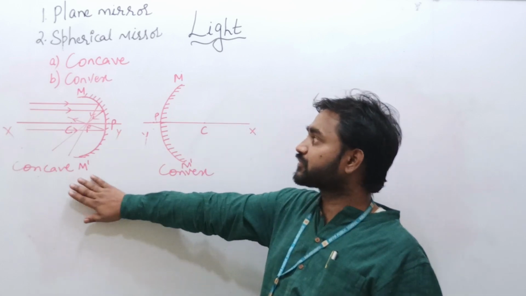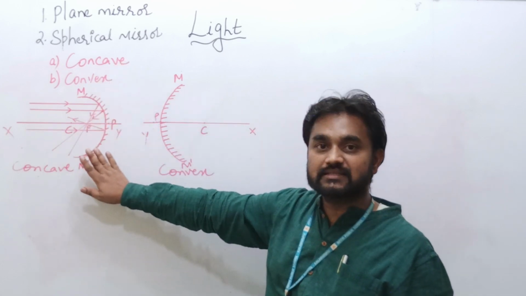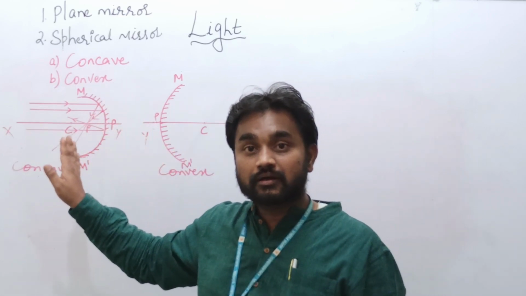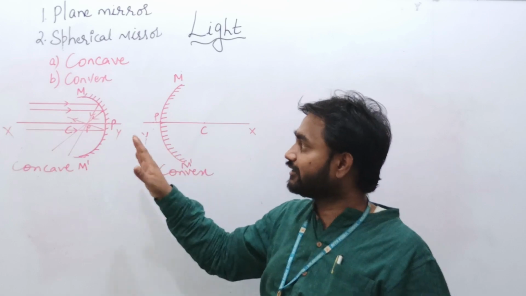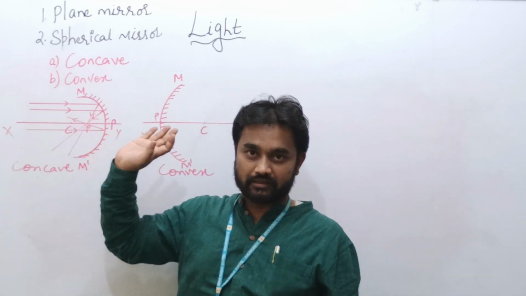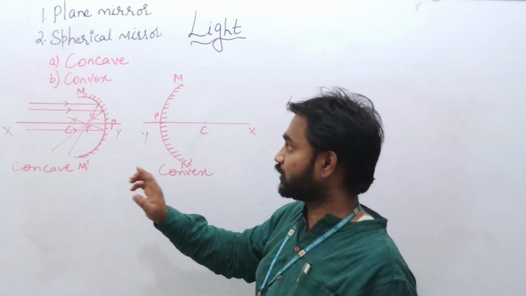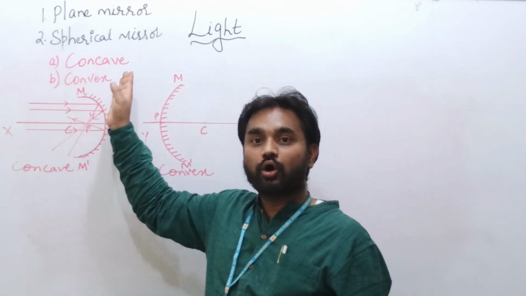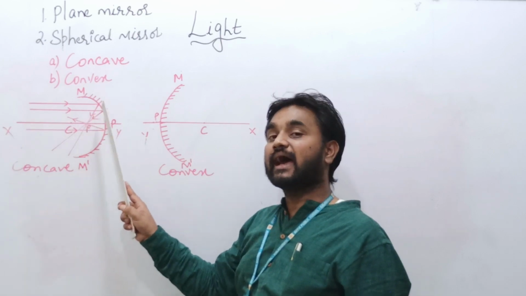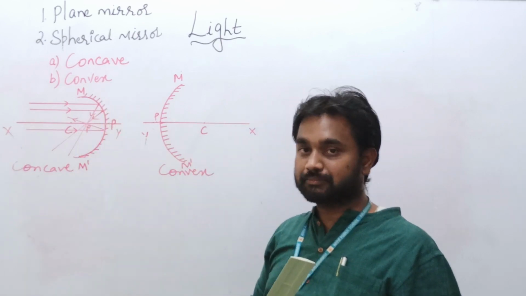So to define the concave mirror, concave mirror is also called a converging mirror. Why? Because after reflection, all the reflected rays converge at one point, and that point we call the principal focus.